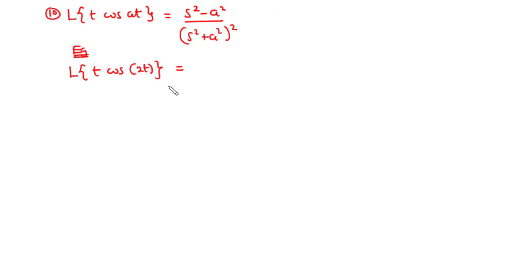This is also equal to s² minus, now a here is 2, so 2², divided by s² plus 2², all squared. This is equal to (s² − 4) divided by (s² + 4) all squared.